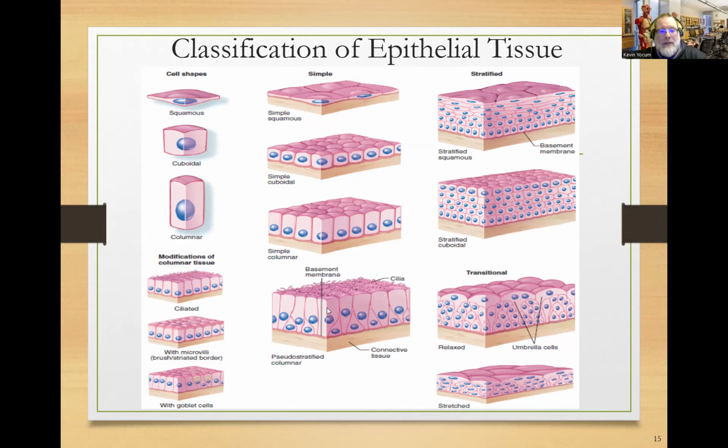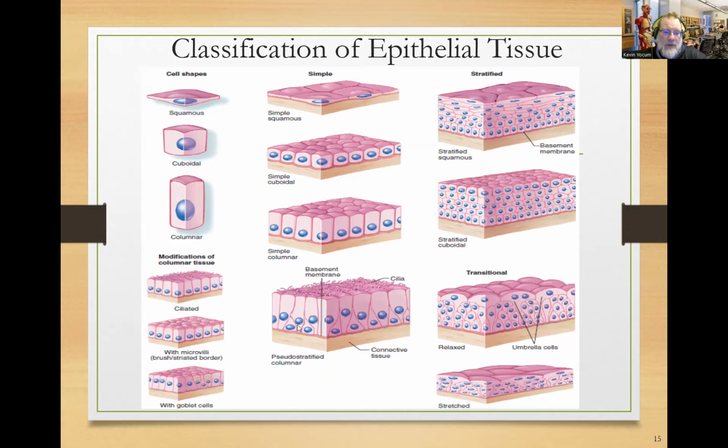So it does fall under the simple category because it is one layer. It just appears to be more than one. So that's where they get the word pseudostratified. And then the cell shapes are columns. You can see they're not perfect columns like the simple columnar.